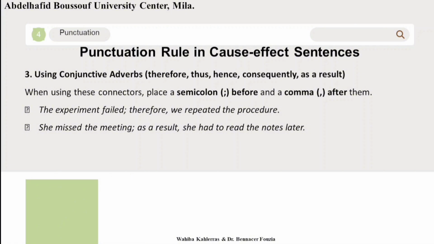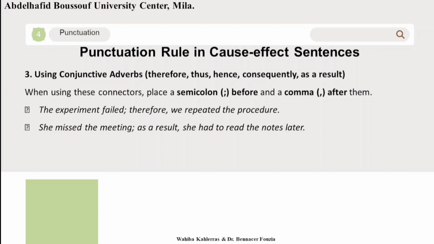Mind here, in cause sentences, we can invert the sentences. Therefore, we can have a cause sentence that starts with the cause subordinate clause, and then after it comes the effect independent clause.